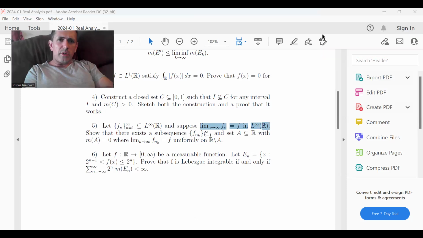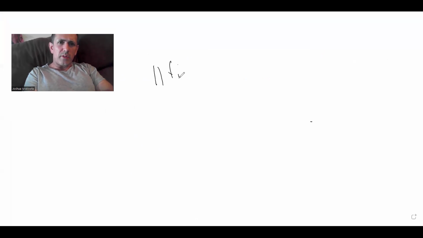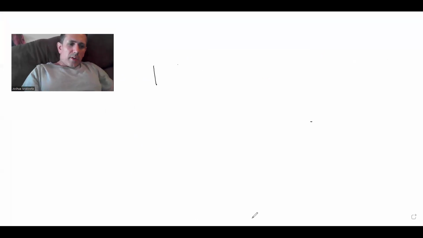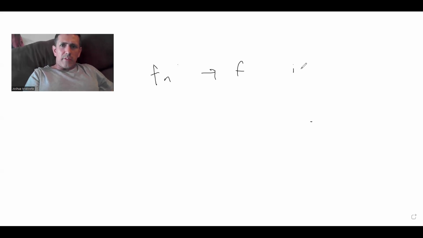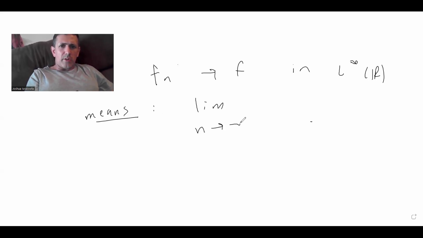Let me go to the whiteboard. Yeah, so Fn goes to F in L infinity. It means basically this limit here is 0.